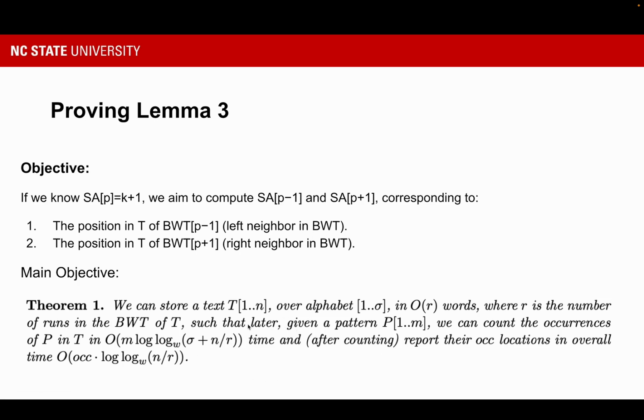And so eventually, if we have these O of r words, we can count the occurrences of P in T for a given pattern in the larger text in O of m times log of sigma plus n by r to the base w time. And after counting, we can also report the occurrence locations in overall time, which is O of occurrences times log of n by r to the base w.